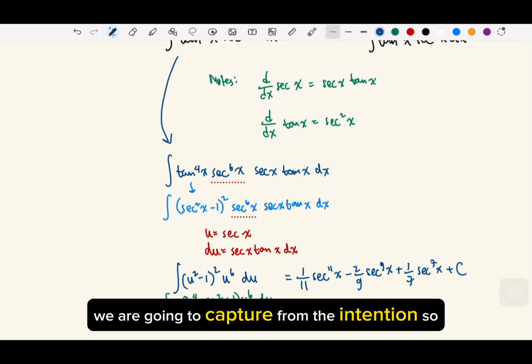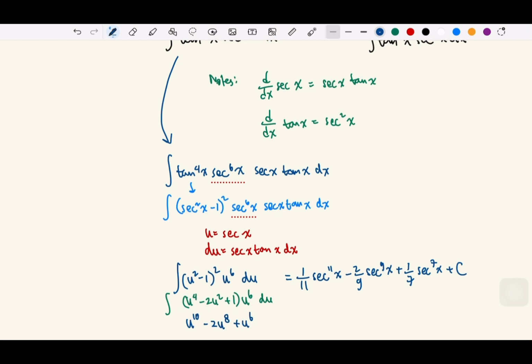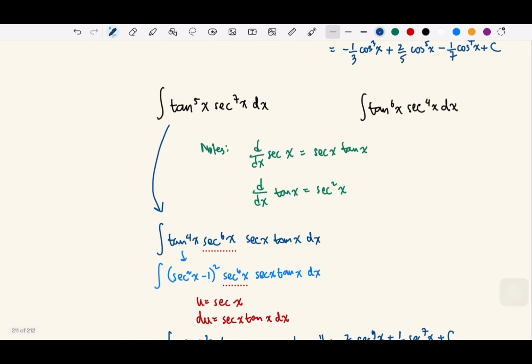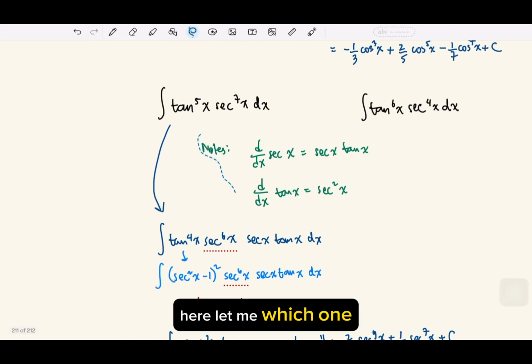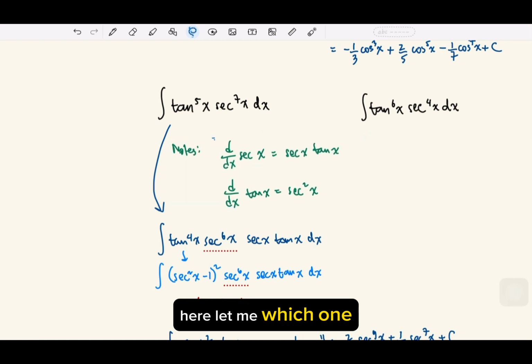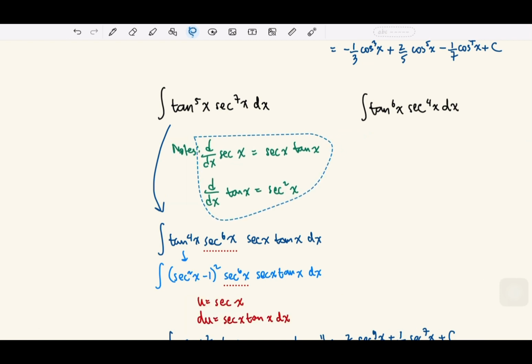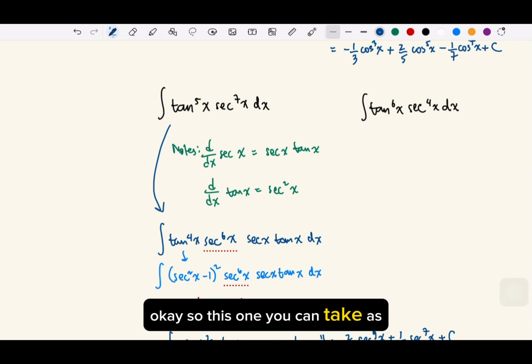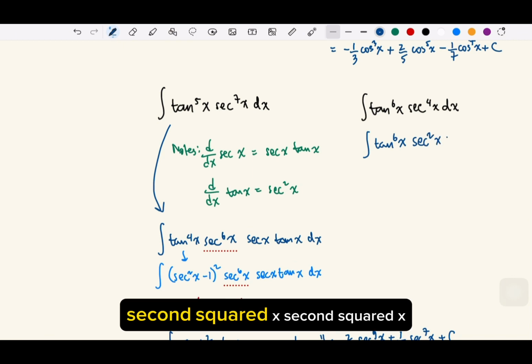Okay. So here, let me go through. This one we can take as secant squared x, secant squared x.